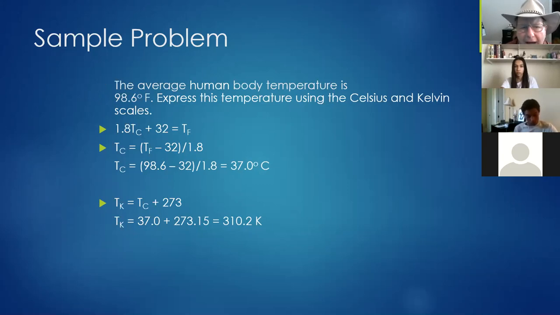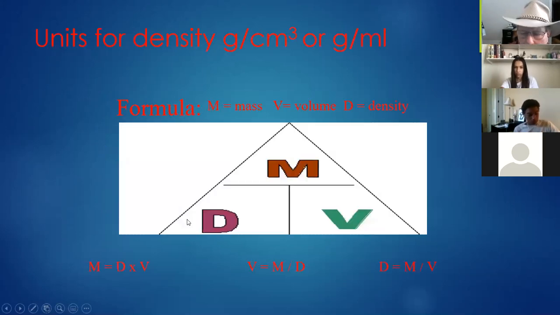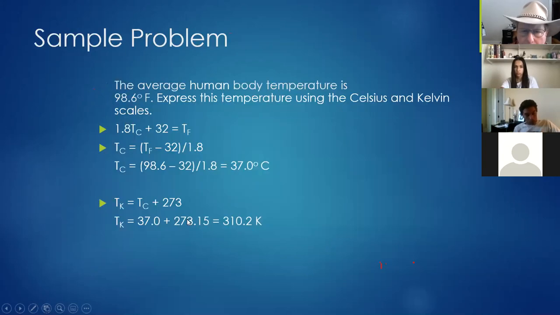I do this math out, I get 37.0. So if I use my conversion from Celsius to Kelvin, I have to add, not 273, I have to add 273.15. Fairly easy. If I give you a temperature on the test, would you be able to convert it? Questions?